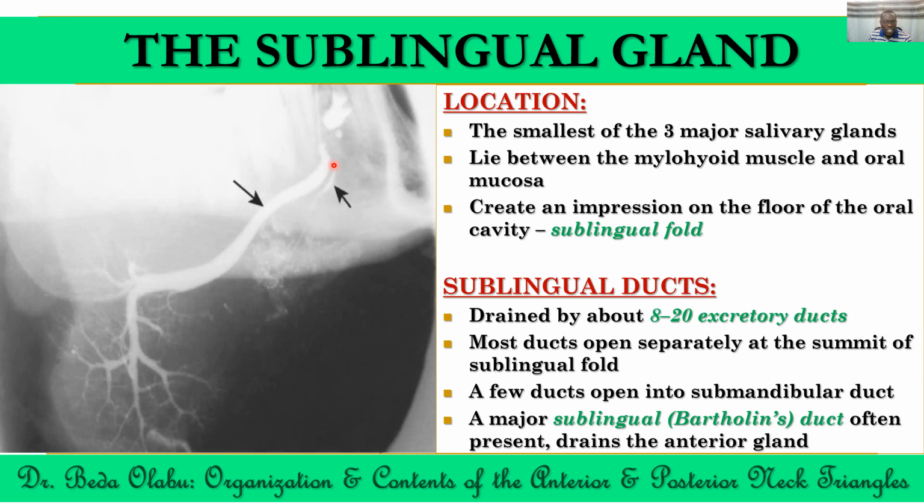So when a contrast is put through the sublingual papilla, it will opacify both the submandibular duct as well as the duct of the sublingual gland. So in this image, this is the duct of the sublingual gland, which we call the Bartholin's duct. And this is the duct of the submandibular gland, which we call the Wharton's duct.